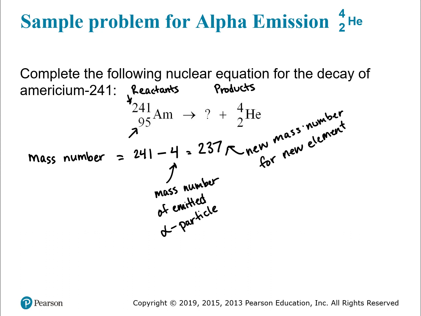We need to know the atomic number. On the reactant side, the atomic number is 95, which means there's 95 protons.